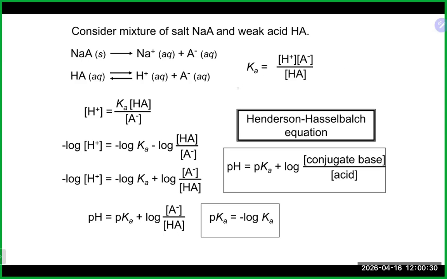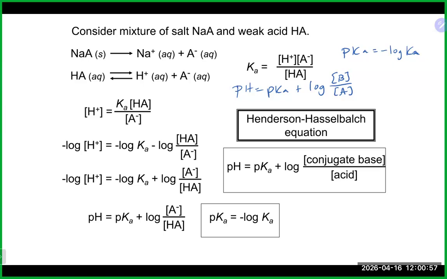So the pH is going to be our pKa value plus the log of the concentration of the base over the concentration of the acid, where the pKa value is minus the log of the Ka value. So you could actually just bypass the ice table if you recognize this is what's happening, and go right into that formula and get the pH.